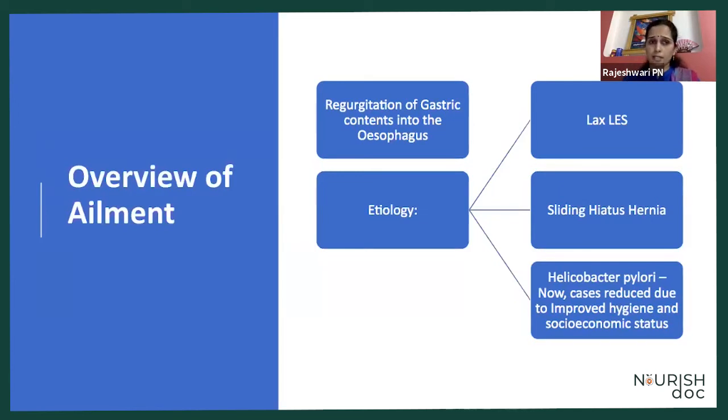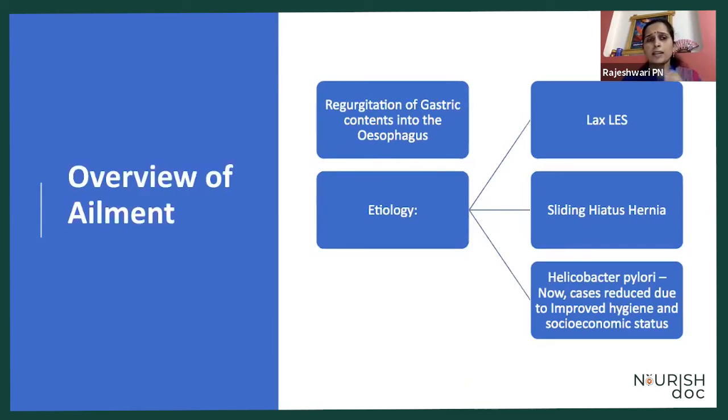Third, when we study this, we'll see that Helicobacter pylori is the one organism responsible for the onset of reflux esophagitis. This is most common in a few European countries and also in certain parts of Asia and India.